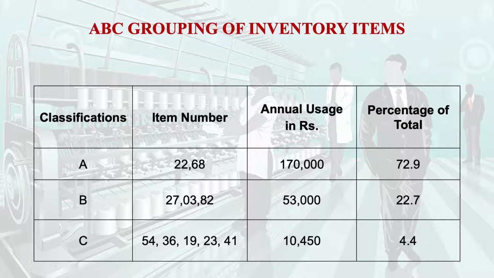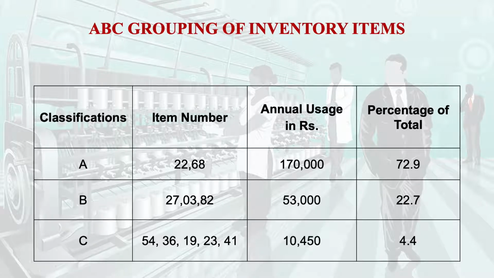And if you see category B, items 27, 3 and 82 are kept under category B. The total usage is 53,000 and the total percentage is 22.7.